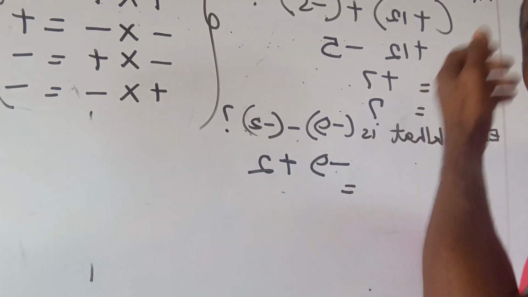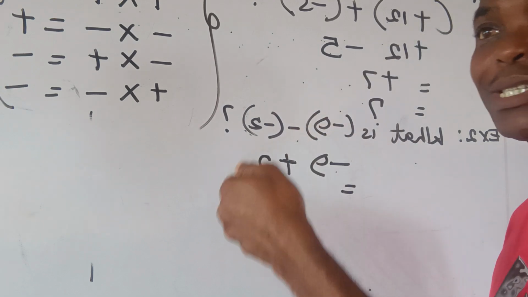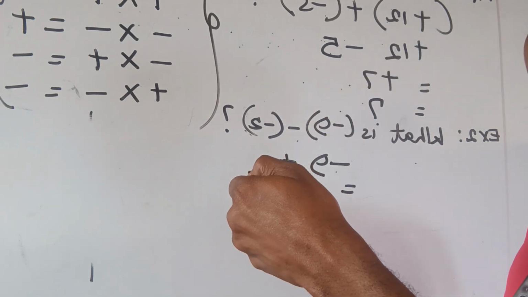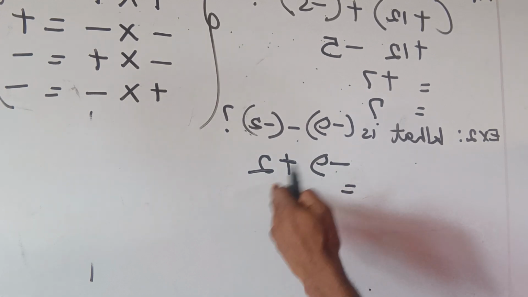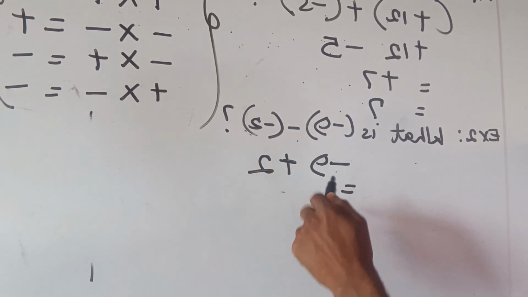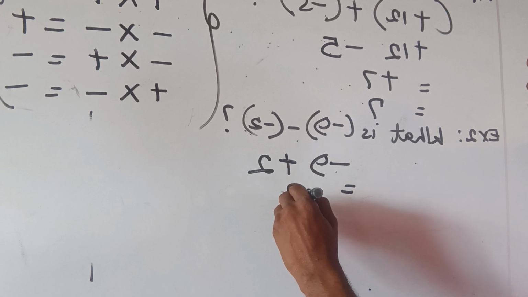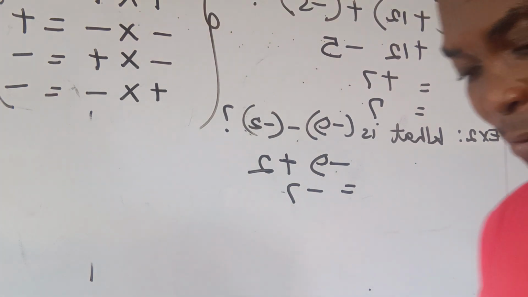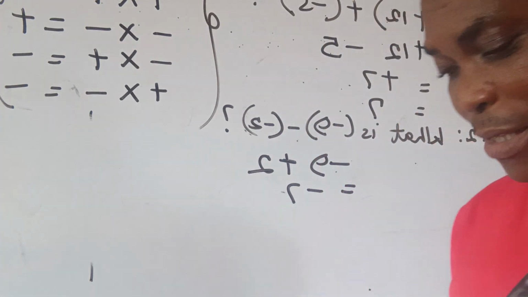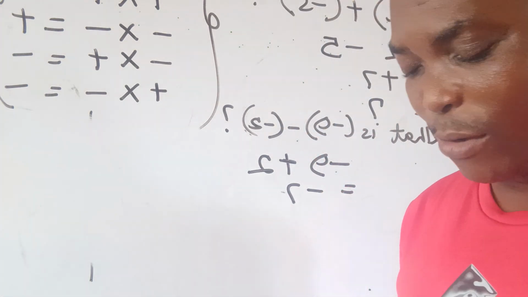So minus, in mathematics, we use it to denote debt. So minus 9, I'm owing 9 naira, but I've been able to pay 2 naira out of it. So I will still be owing 7 naira. So my answer will be minus 7. Let's take a good look at how it is being solved.